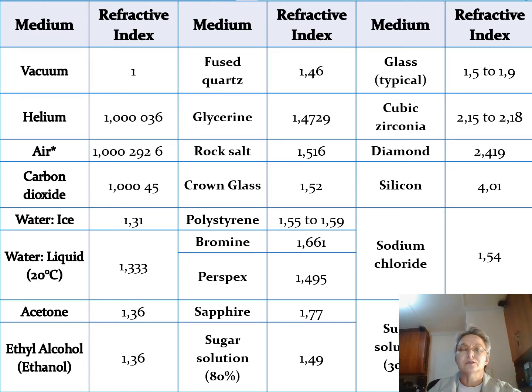Fused quartz, which is a type of glass, 1.46, glycerine 1.4729, rock salt 1.516, crown glass 1.52, polystyrene varies from 1.55 to 1.59, bromine 1.661, perspex 1.495, sapphire 1.77, sugar 1.49, glass 1.5 to 1.9 depending on the type of glass, zirconia 2.15 to 2.18, diamond 2.419, silicon 4.01, sodium chloride 1.54.